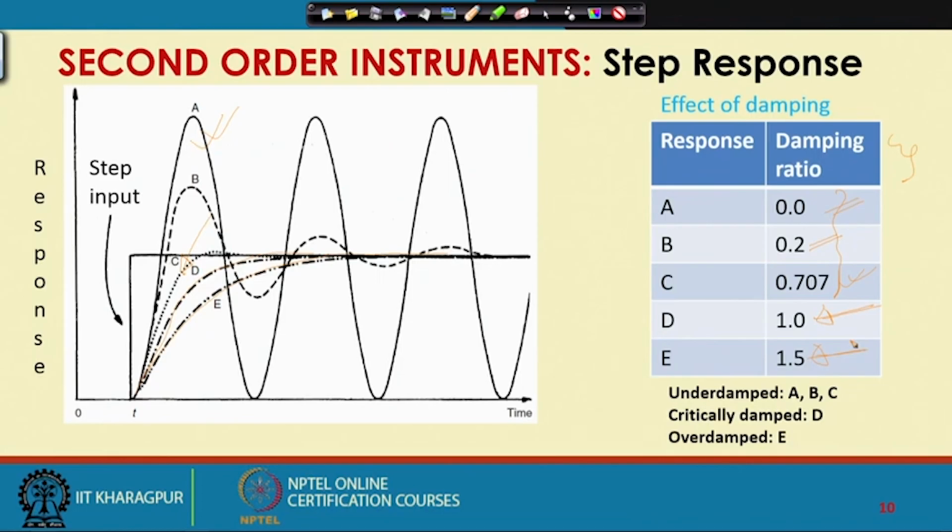Please note one thing, that for underdamped instruments there are oscillations, but it reaches the final value much more quickly than a critically damped or overdamped instrument will do.